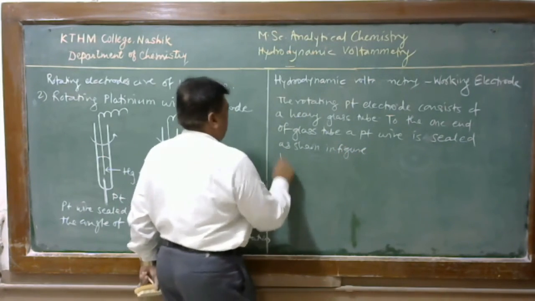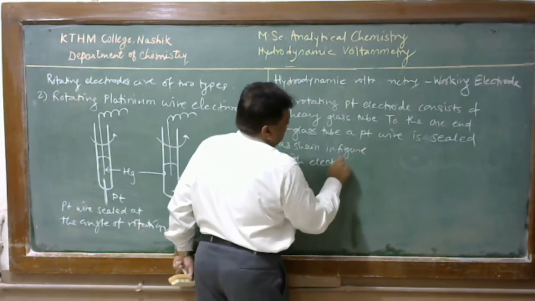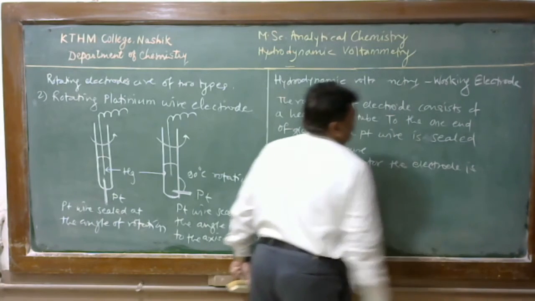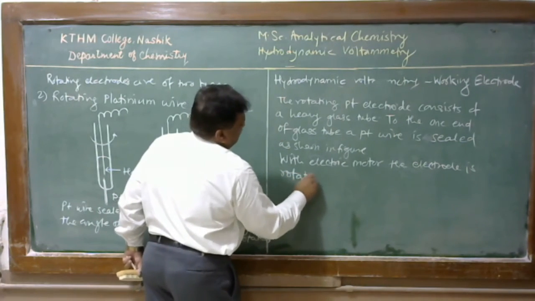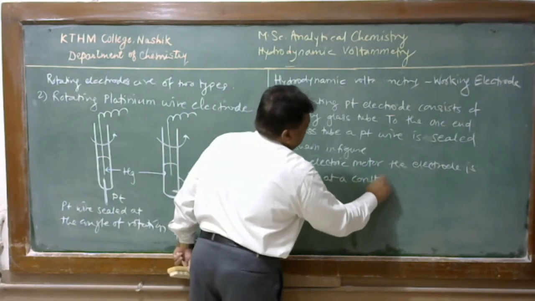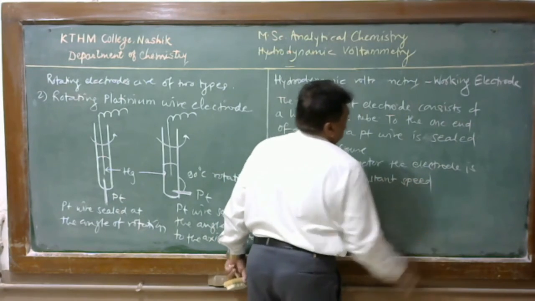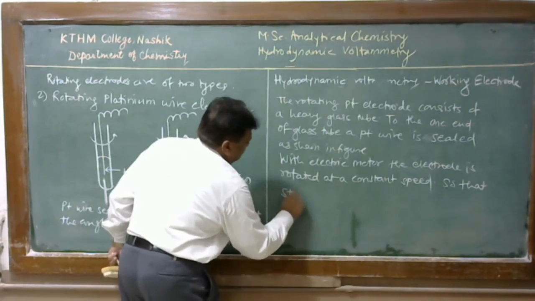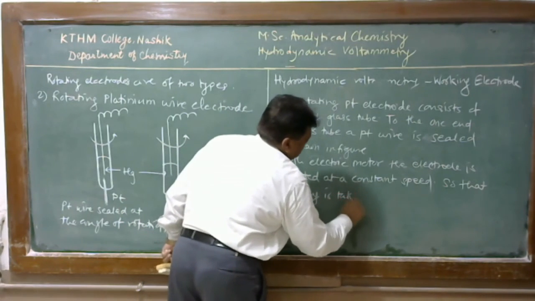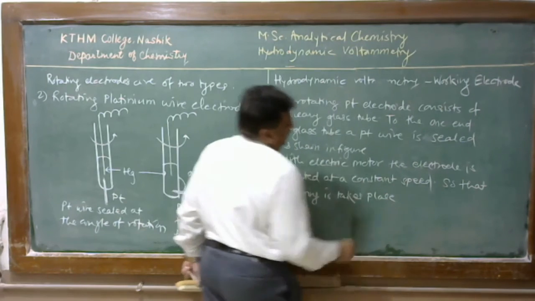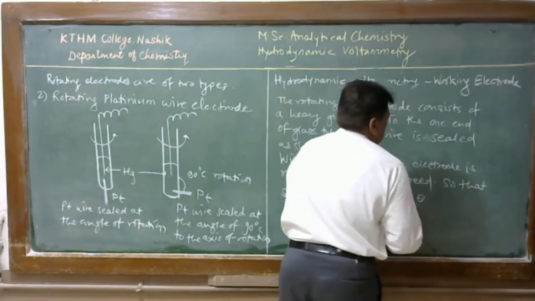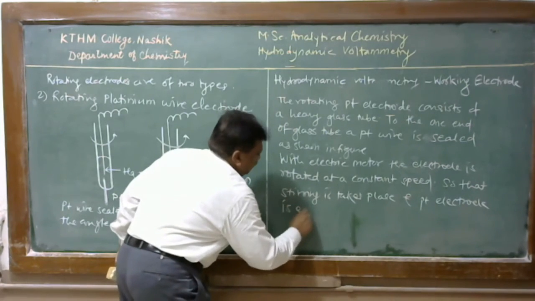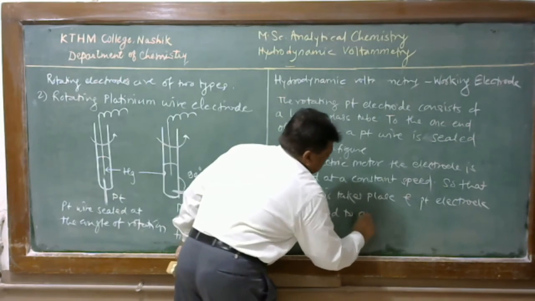With an electric motor, the electrode is rotated at a constant speed, so that stirring takes place, and the platinum electrode is exposed to analyte solution.